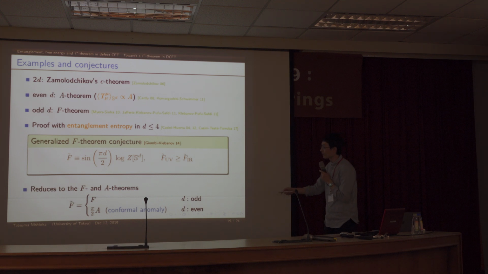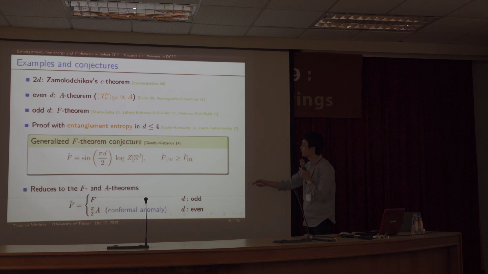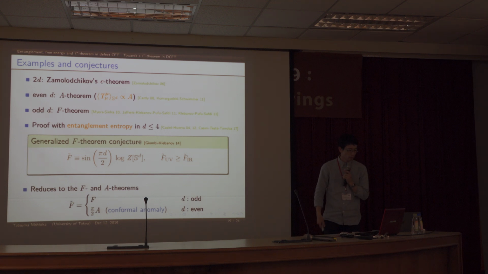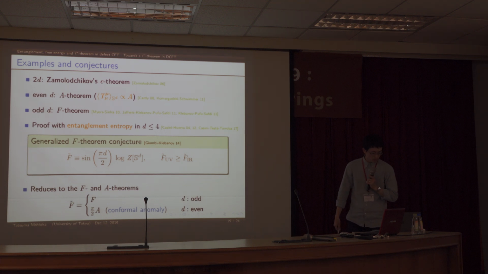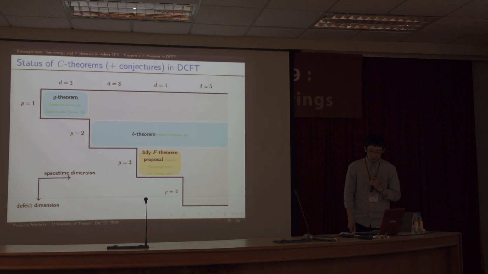And then you can extract the A anomaly from this F tilde. Using dimensional regularization, you can see that when d is even, F tilde becomes proportional to A, the A anomaly. So this is the status of the C theorem without defect.